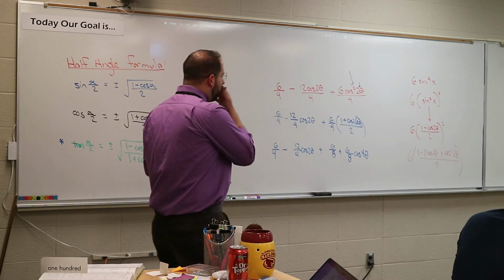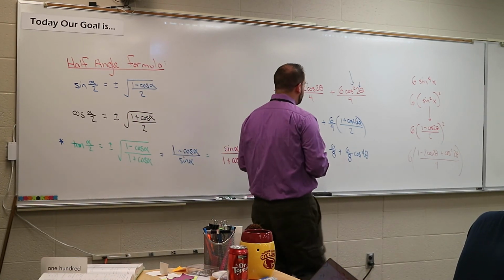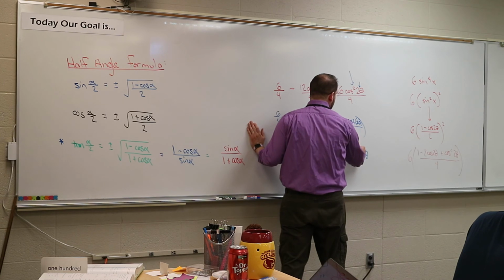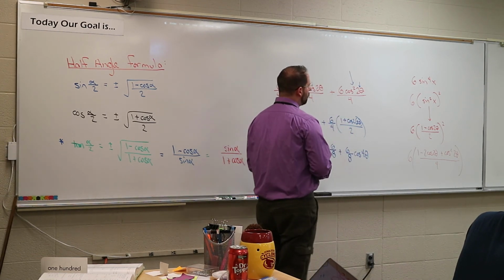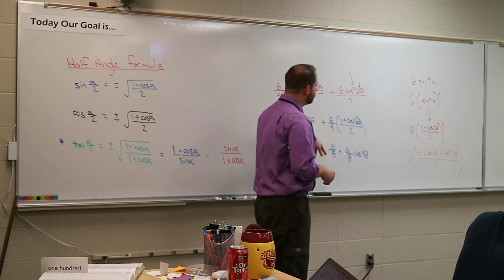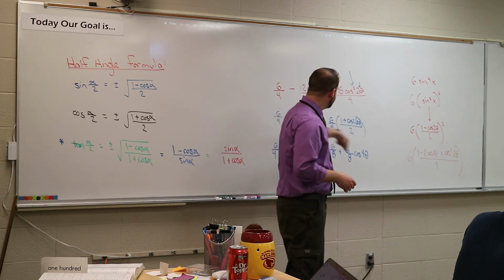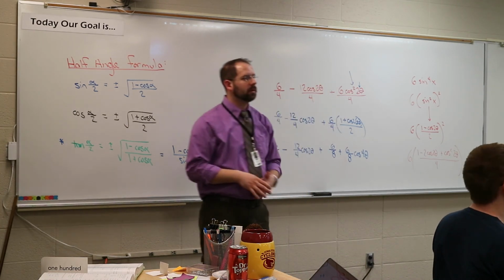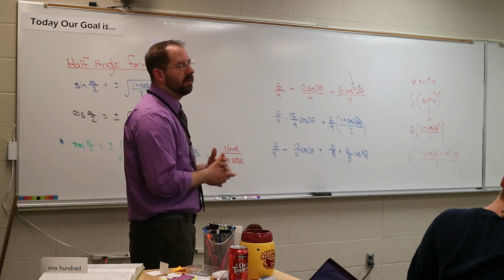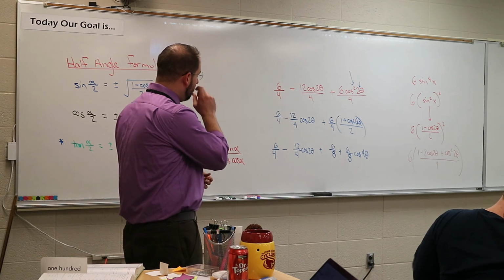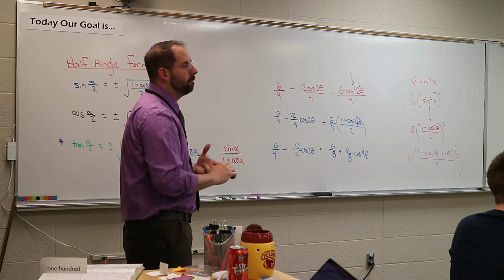Yep, 4 theta, not 4th power. So 4 theta is different than having a 4th power. You start off as the 4th power, and then we turn it eventually into that whole thing at the very bottom. Yeah, that sounds like a challenge. It is. I think that one looks simpler.